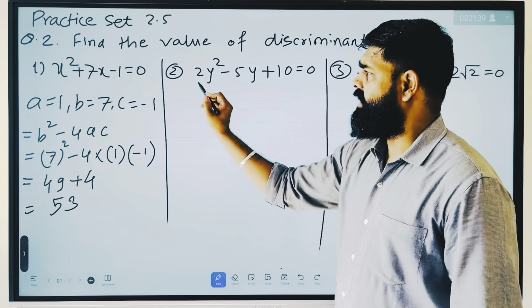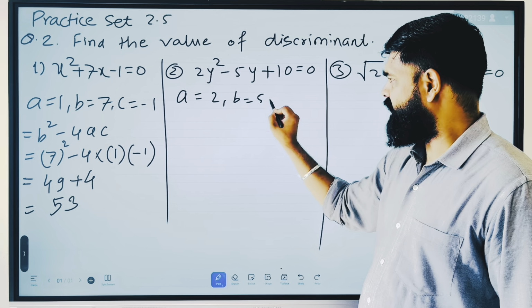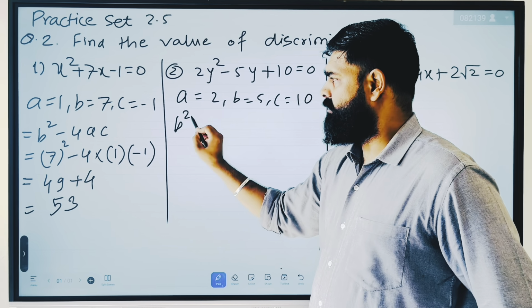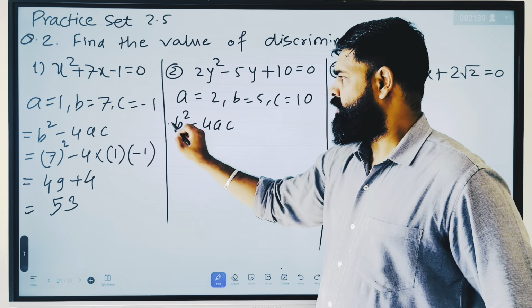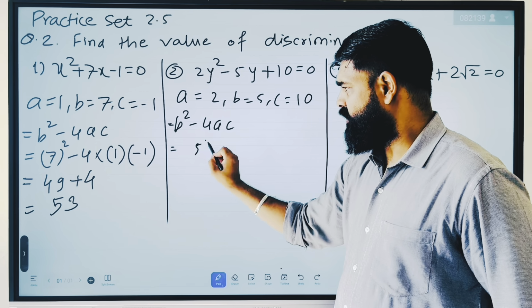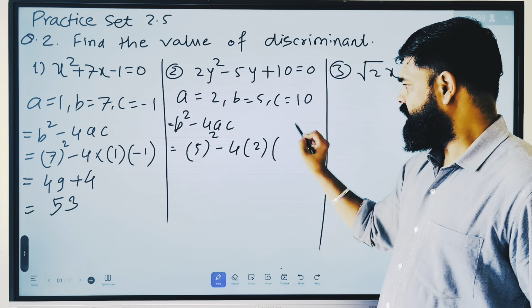So next question, in this question value of a is equal to 2, value of b is equal to -5 and value of c is equal to 10. We have to write the formula first, b square minus 4ac. So the b square, that is 5 square minus 4 into a into 10.